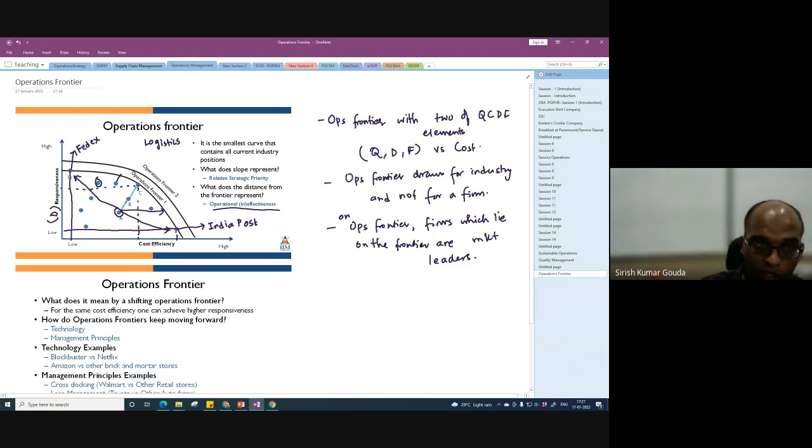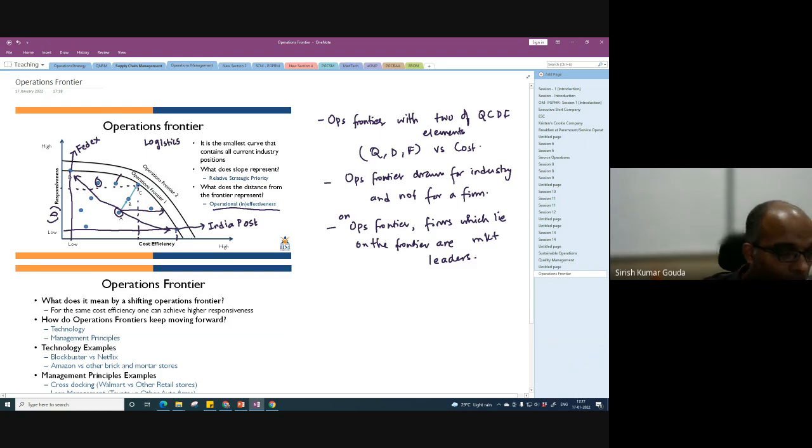Now, as you can clearly see from this curve, there is another curve called operations frontier 2 drawn over here. What does this operations frontier 2 mean? Please remember that the operations frontier is like a snapshot at a particular point in time.